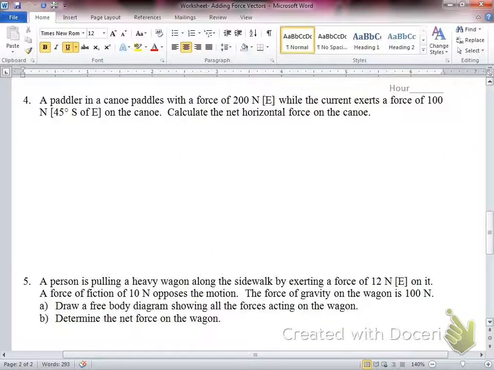So this is number 4 on the worksheet. We're going to stick here with just the forces that are given. It says this person's in a canoe. We understand that gravity is acting, but we're not concerned about that in this particular example.